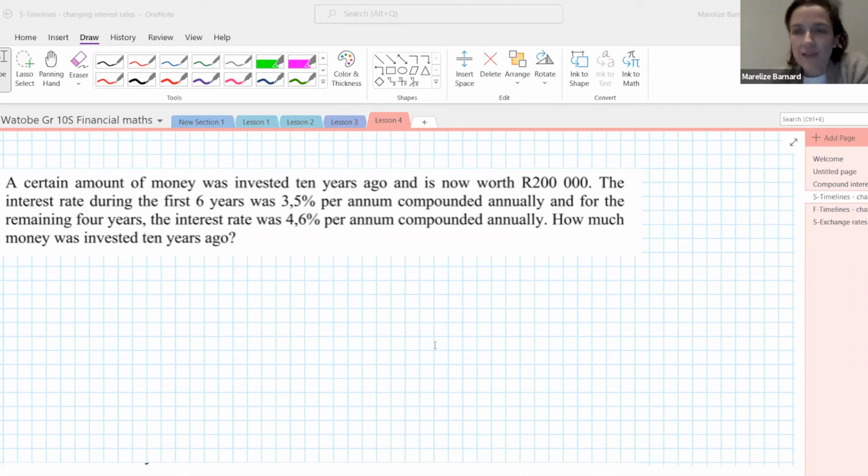So if you are staying for the challenge, read the question and start by thinking about it, by drawing a timeline.